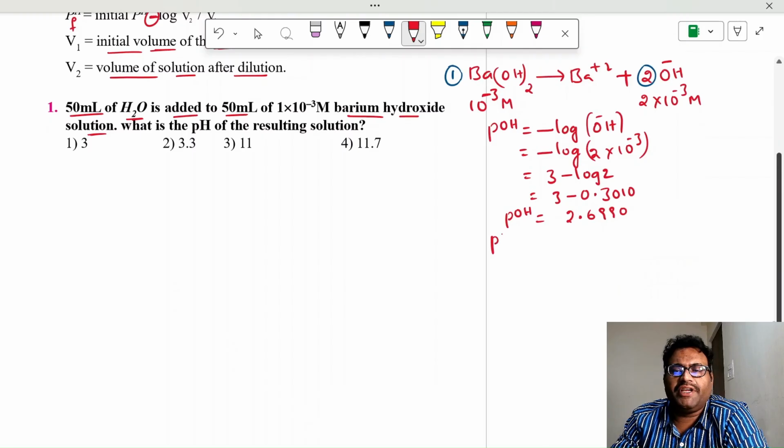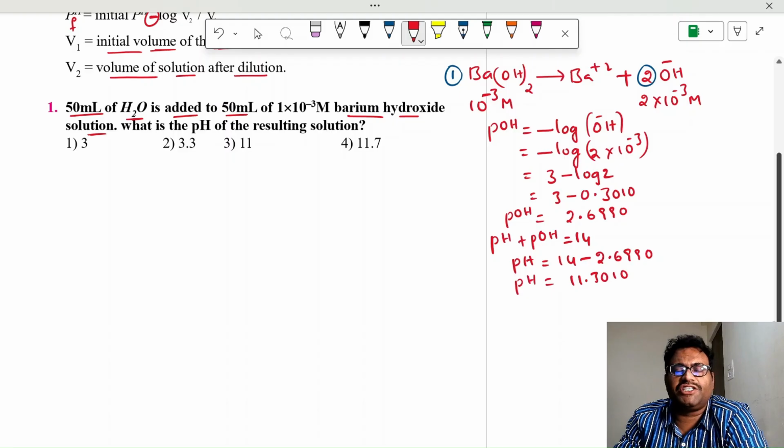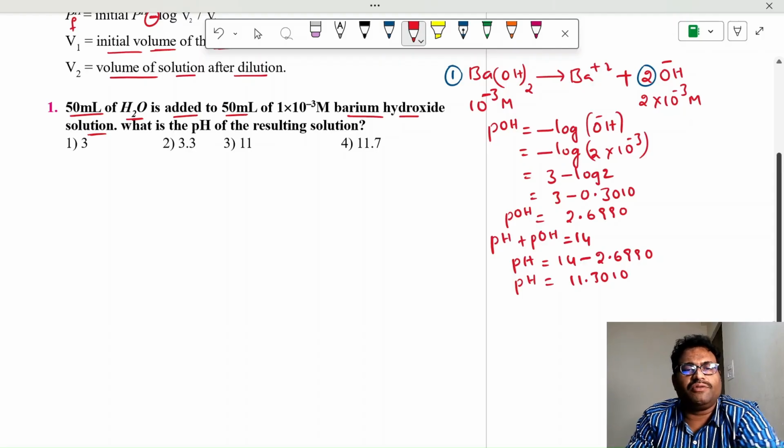Then we know that pH plus pOH is equal to 14. So what will be pH? pH is equal to 14 minus pOH. pOH is 2.6990. That is equal to 11.3010. So we have the initial pH of the solution, 11.3010.